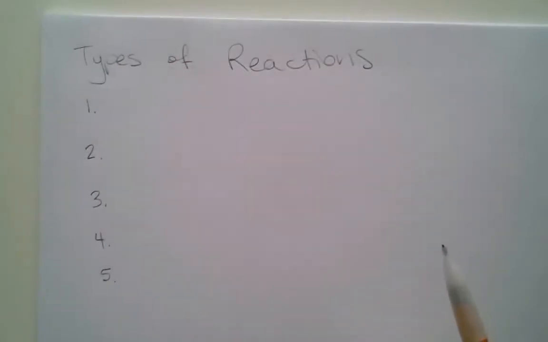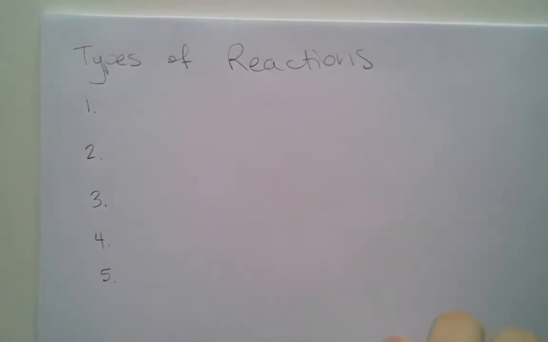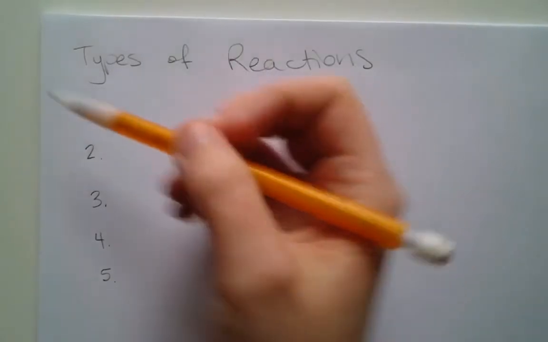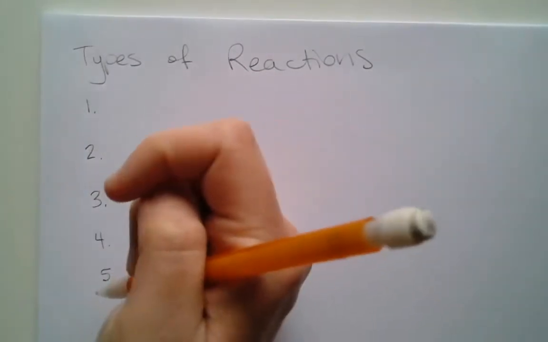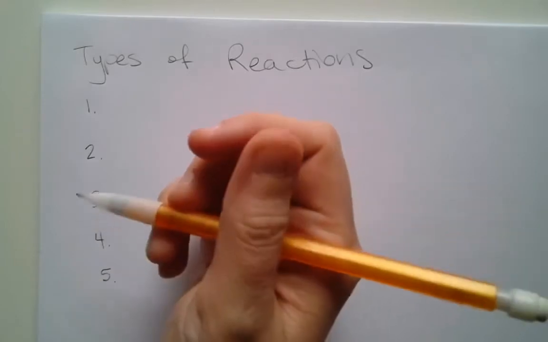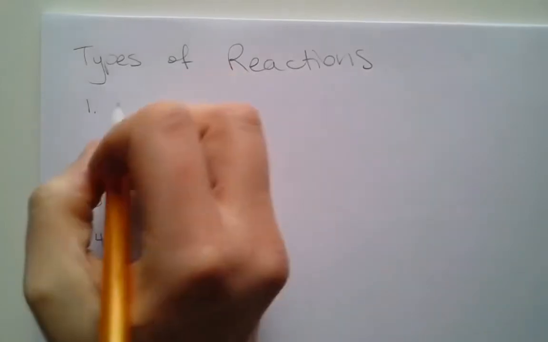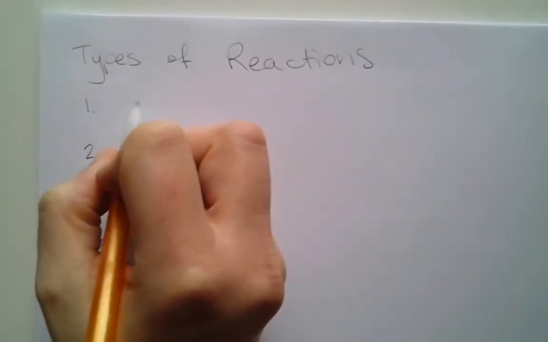5 types. 2 are kind of reverses of each other. Like 2 sets are very related to each other, and then the 5th is an oddball on its own. Here we go. Okay, I'm going to give you the names.